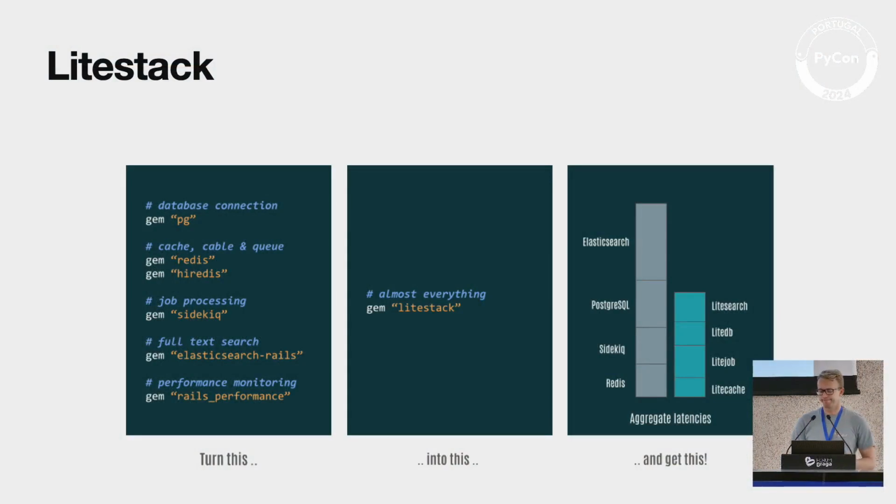Now it can work, and I don't think the Python, or at least the Django community, is going to build our own LiteStack. It feels like it's a little bit too risky to put all of your eggs into a single basket, even though it might simplify things in the short term. I would say that you really have to be sold on the idea that SQLite can handle all your use cases.